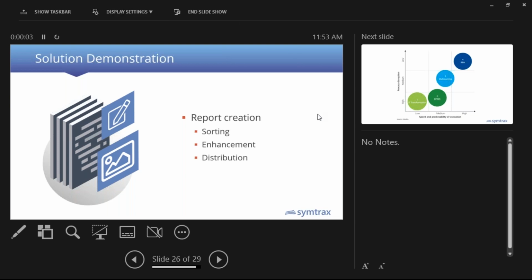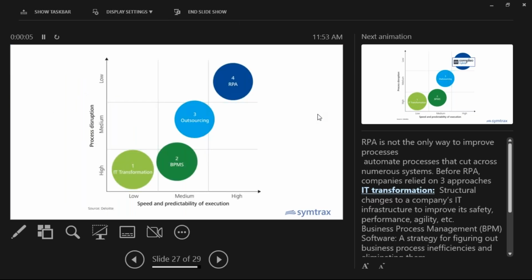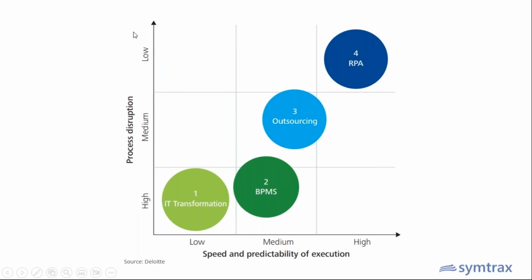Okay, wait, before that. At the end of the day, when we are talking about IT transformation, when we are talking about adopting new technologies, there are 4 different methods to achieve this according to Deloitte.